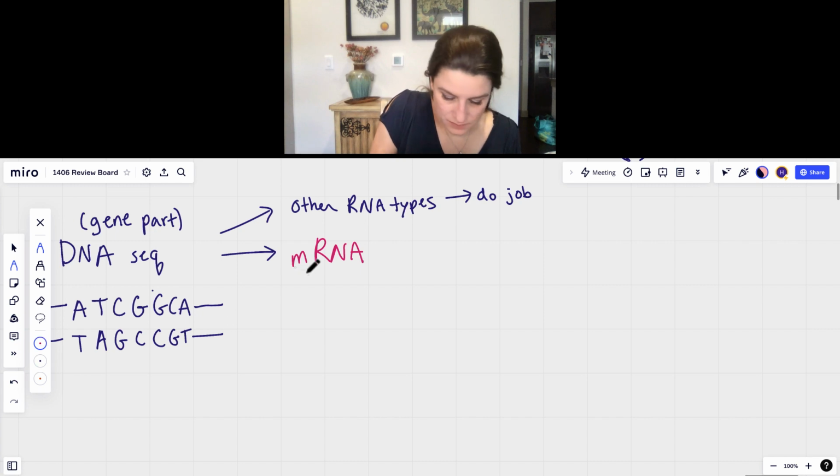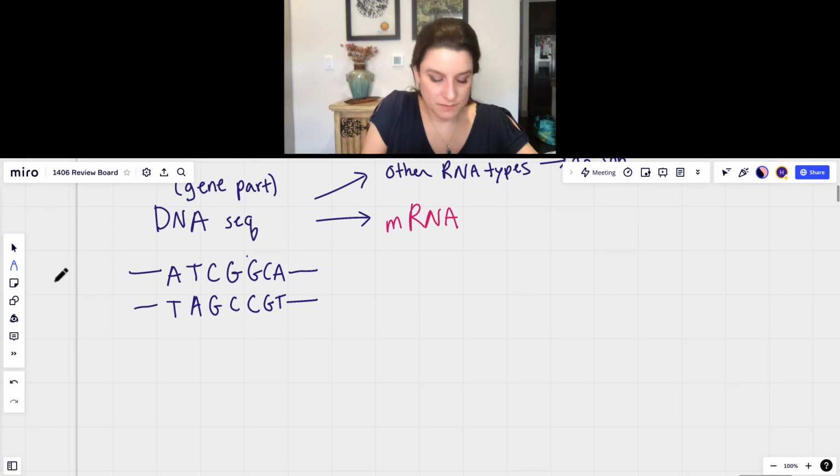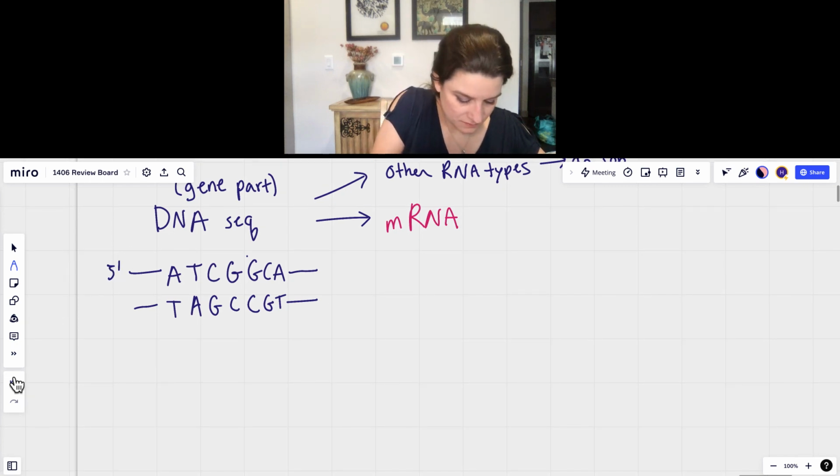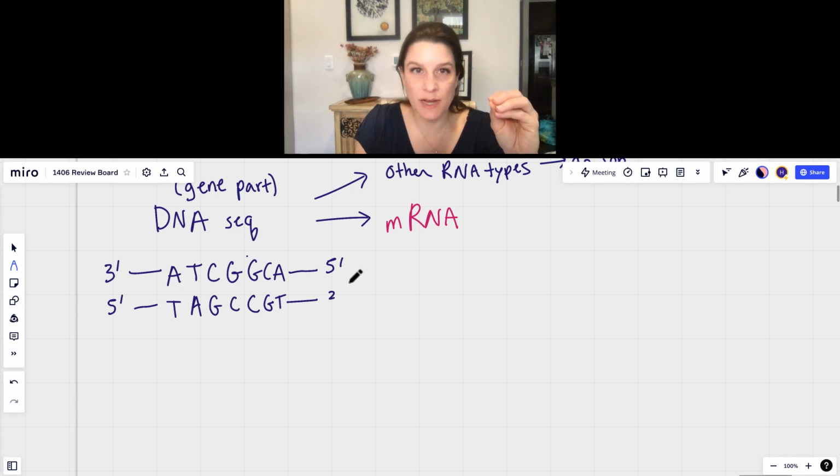So the mRNA, now we have to know which one's the template strand here. So let's say the template strand of this DNA is the top one. Let me draw like this. It doesn't have to be. So for every gene, there's only one strand that's ever read. But for different genes, it can read different strands.